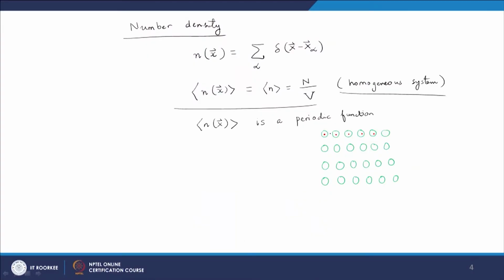Similarly, if I find the number densities here, here, here, again we always see a vacancy.